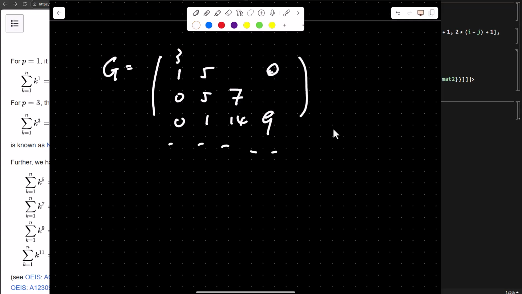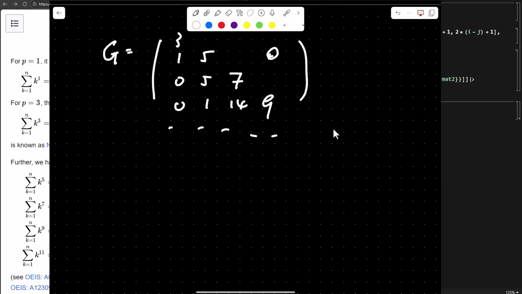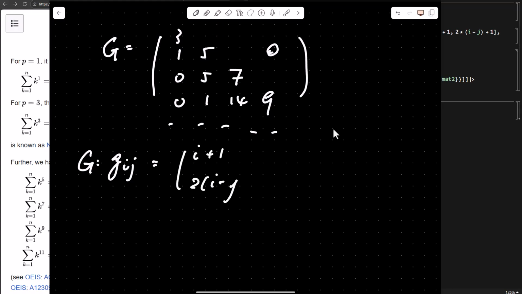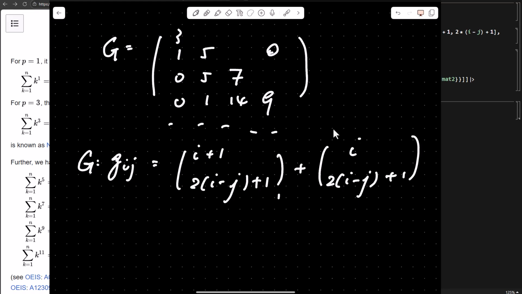The G matrix is generated by G_ij, the terms inside this matrix, and it looks like the binomial of i plus 1 minus j plus 1, plus i, over 2i minus j plus 1. Here, both square brackets are binomials.